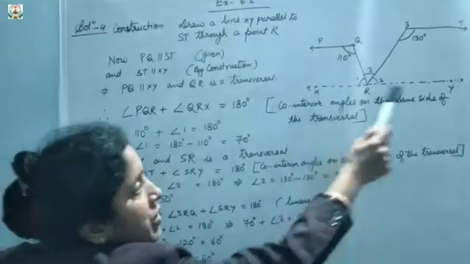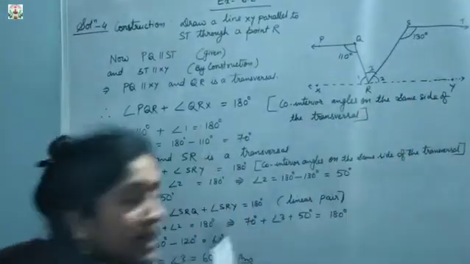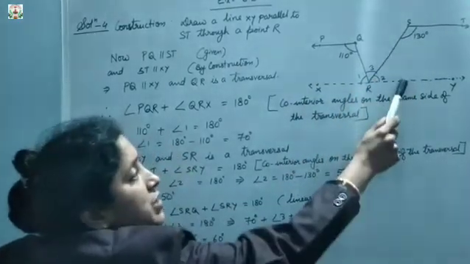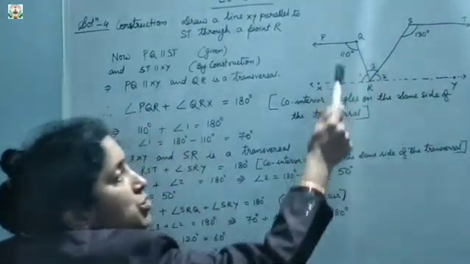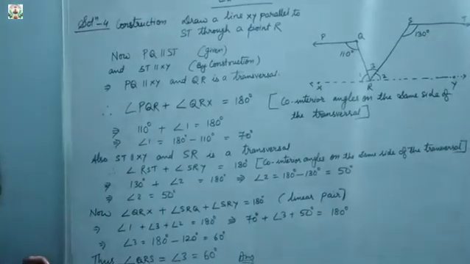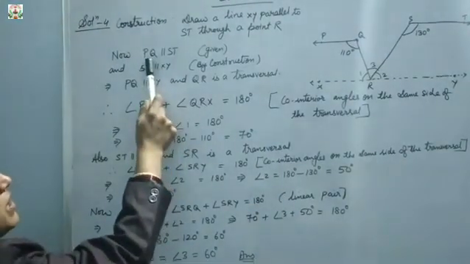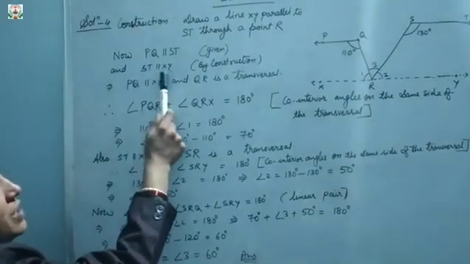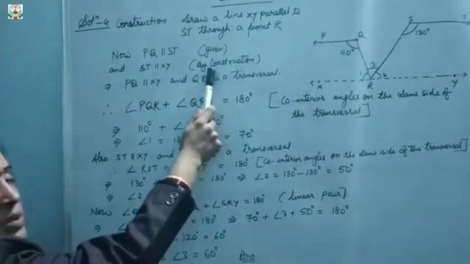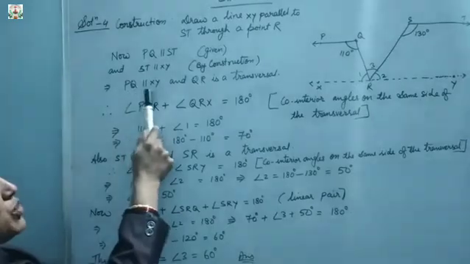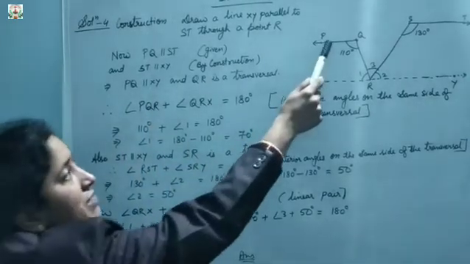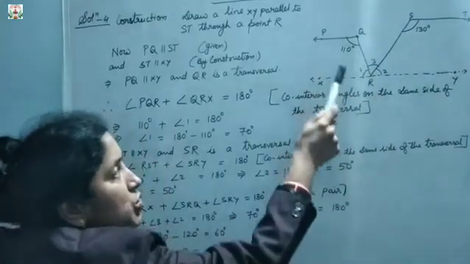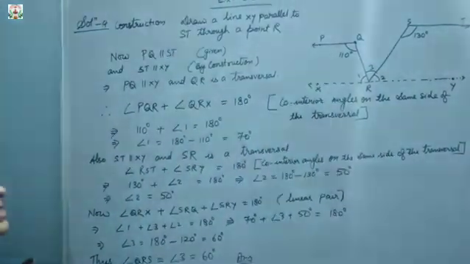Then PQ is parallel to ST and XY is parallel to ST. That is why PQ is parallel to ST given, and ST is parallel to XY by construction. So PQ is parallel to XY also. If this is parallel to this and this is parallel to this, then this is also parallel to this, right?